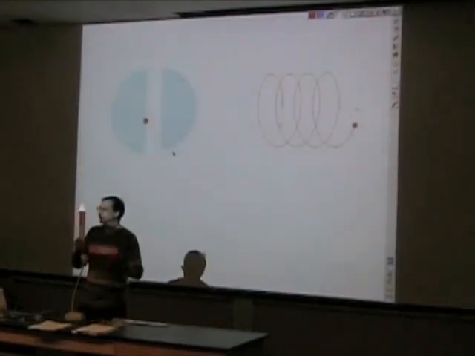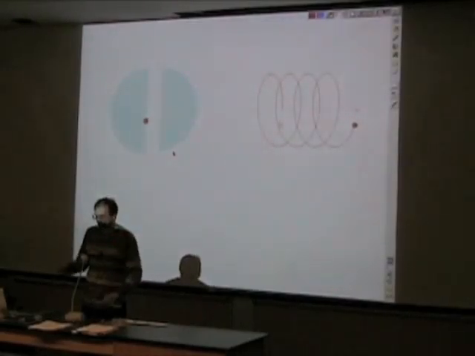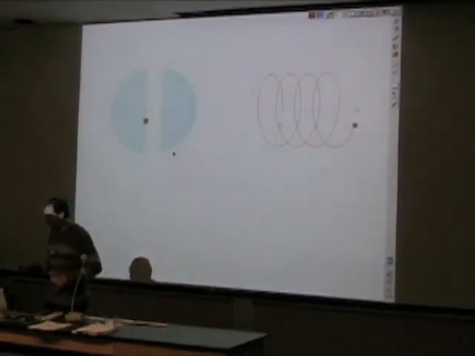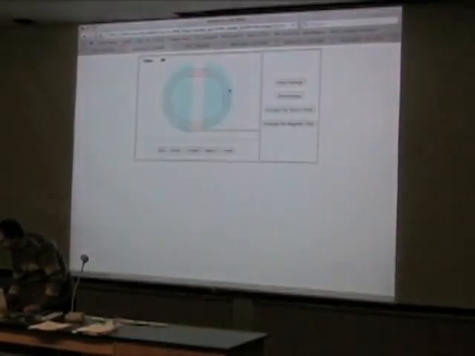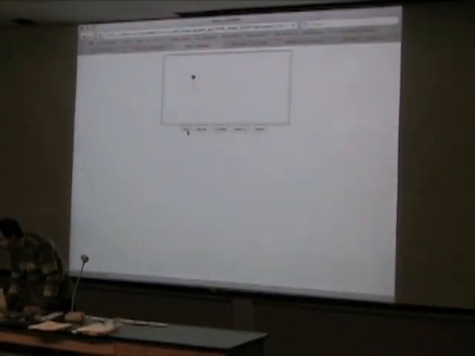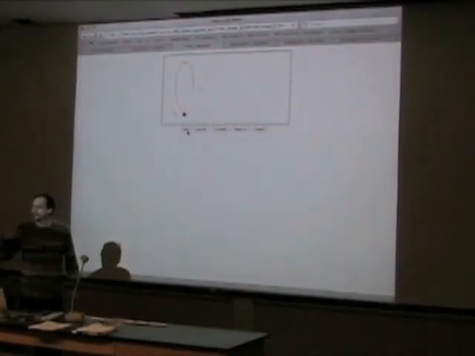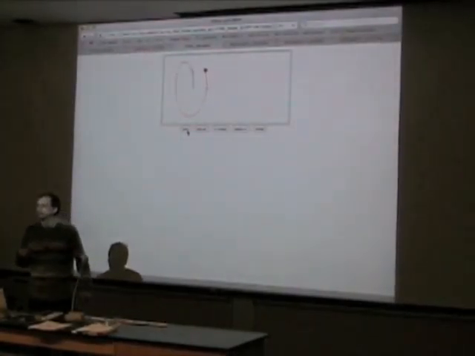What does the parallel component do? Nothing, it just keeps moving the particle in the same direction. So in this situation, the particle makes two motions simultaneously. It makes a circular motion, and at the same time it keeps traveling parallel to the magnetic field. So if we combine these two motions, what we get is spiral motion.